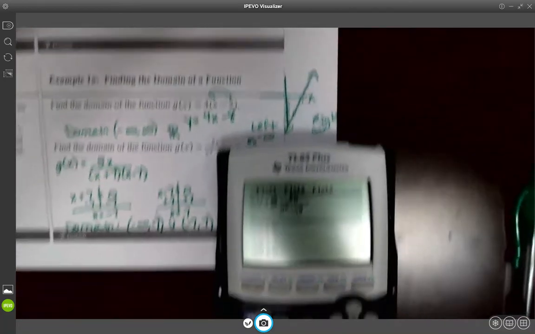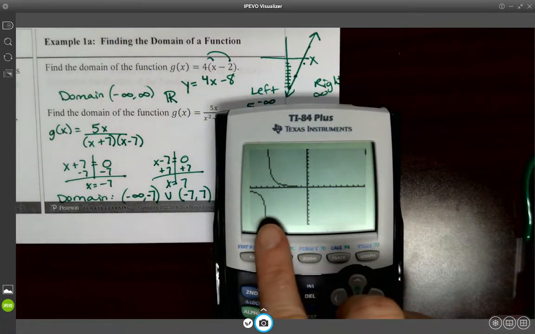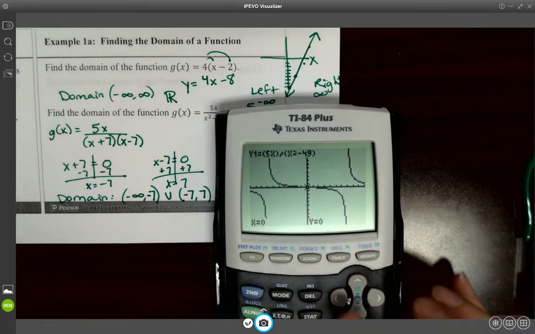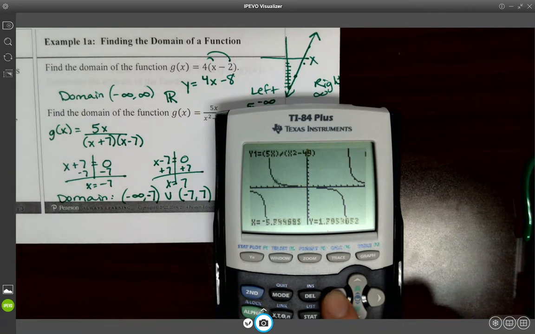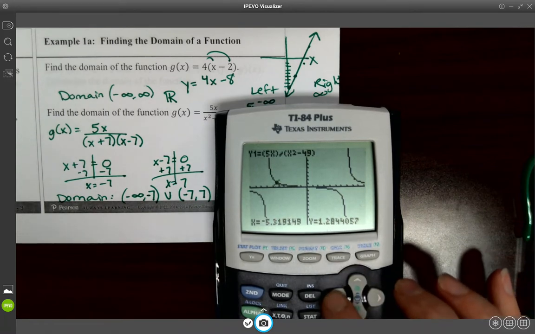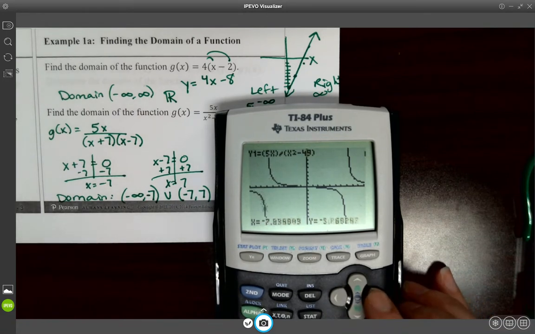When I go to graph, look how it does. So I trace, the origin 0, 0, but I can go left or right. It gets closer and closer to negative 7, but it's never actually going to touch negative 7. And then maybe jump over. Oh, there it goes to the other side.